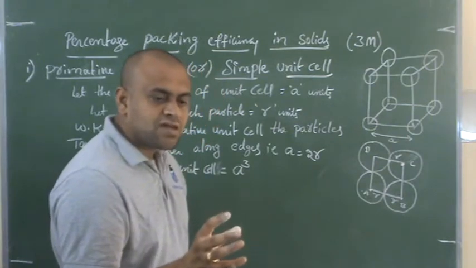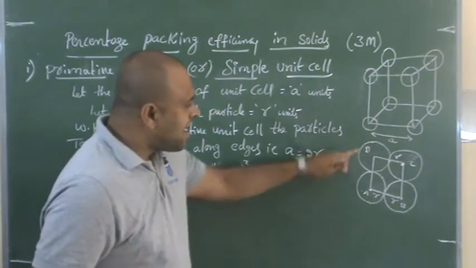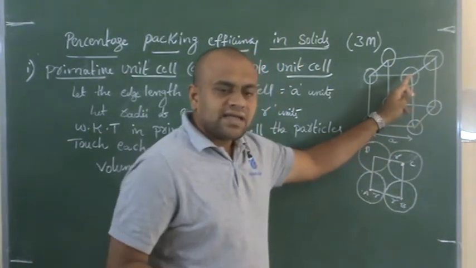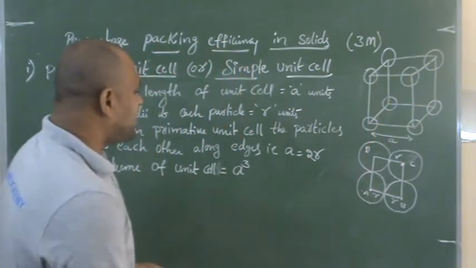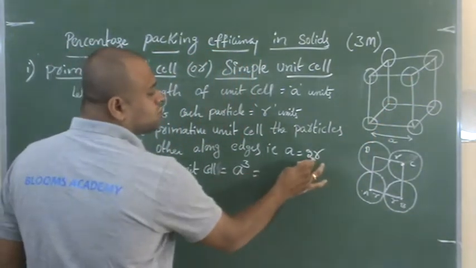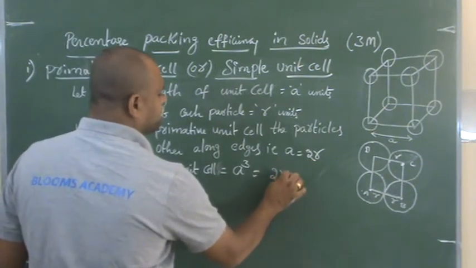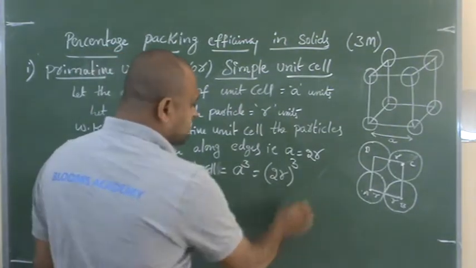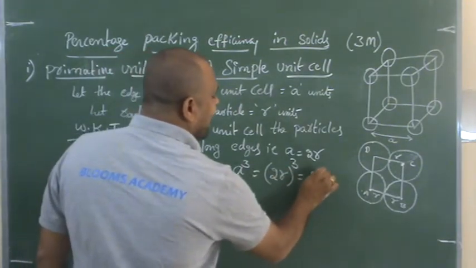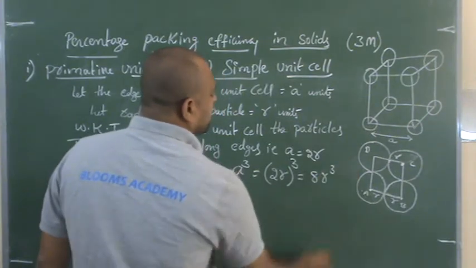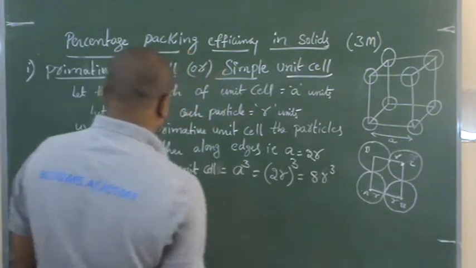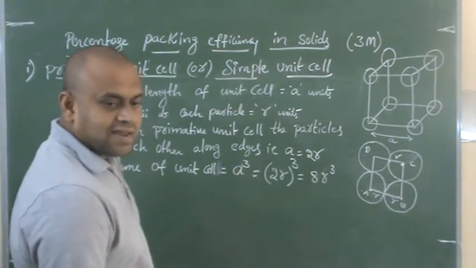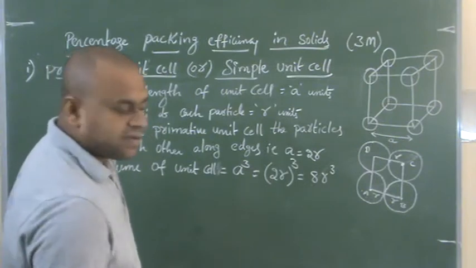Volume of cuboid formula is length into breadth into height. Here length is a, breadth is a, and the height is also a. Therefore volume of cube is a cube. That is equal to, what is a? 2r. 2r whole cube. Is it correct or not? Yes. 2 cube is 8r cube. 8r cube is the volume of unit cell. Understood, right? Volume of unit cell is 8r cube. Next.